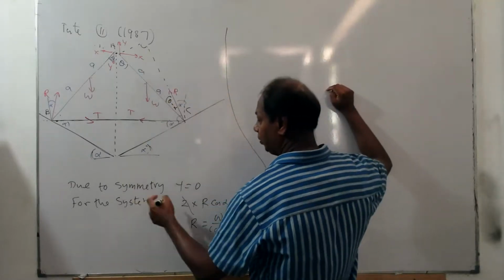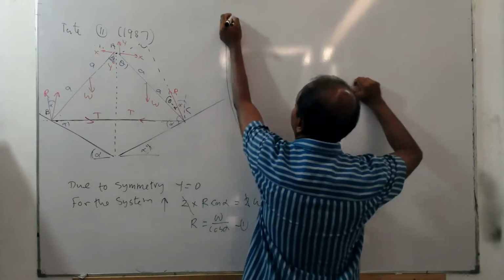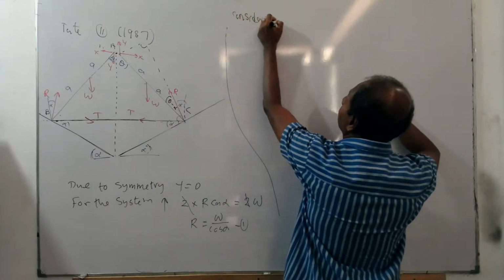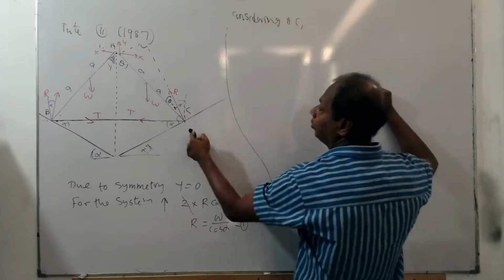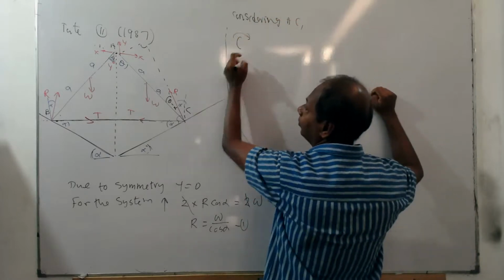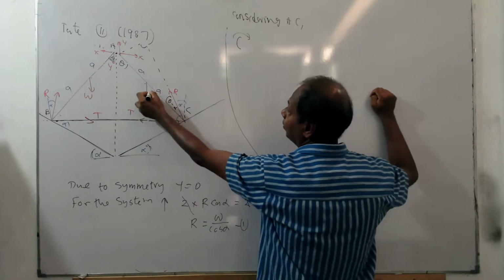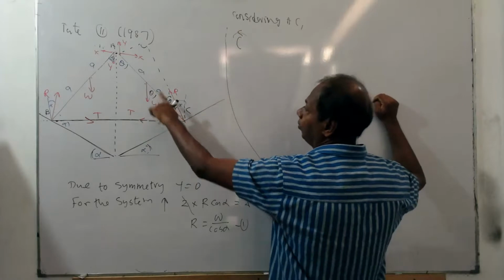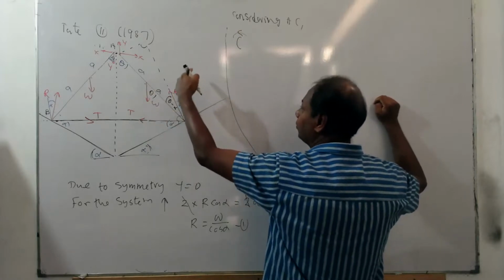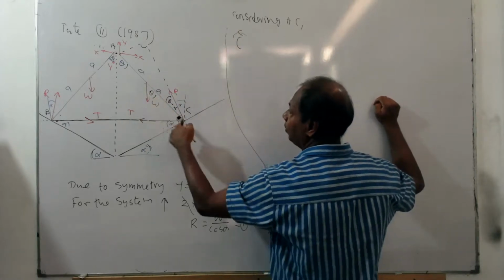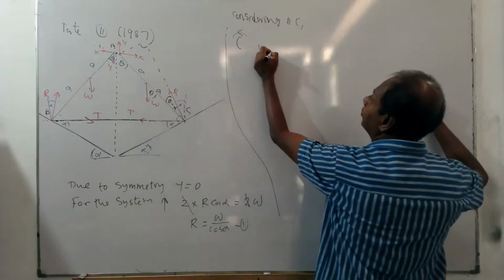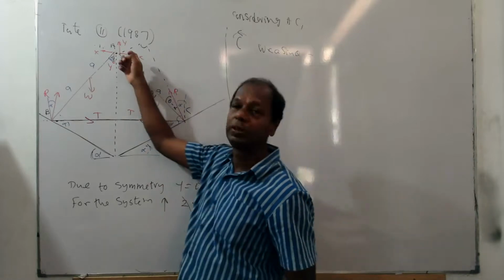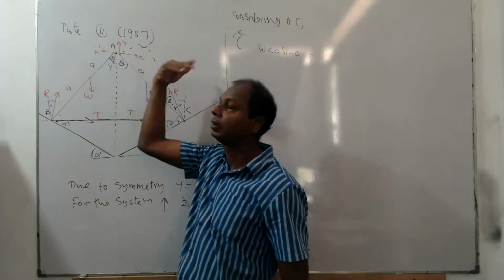Consider AC. Considering AC, we'll take moments about C. We know W into A sin theta, in this direction, the left-handed positive direction. This is the only other moment that will rotate in the opposite direction.